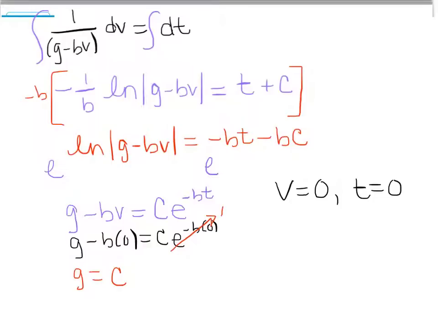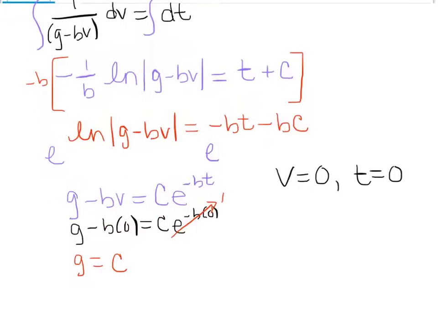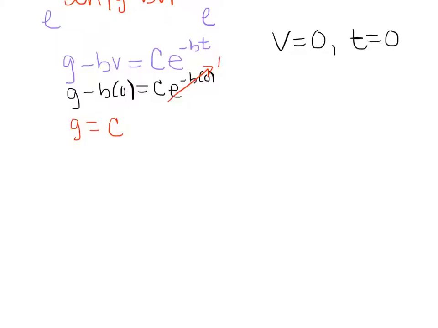So wherever I have a c in the above equation, I can plug in a g. So I end up with g minus bv is equal to g e to the negative bt.